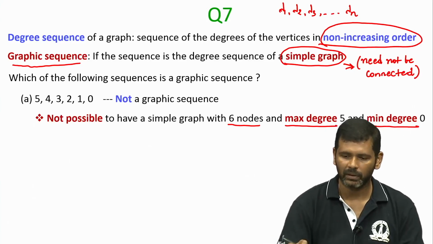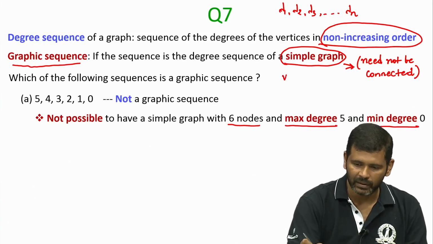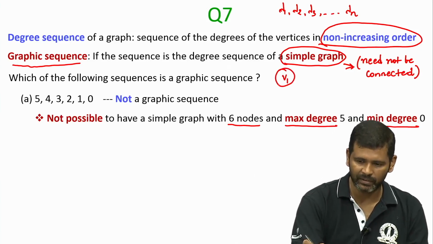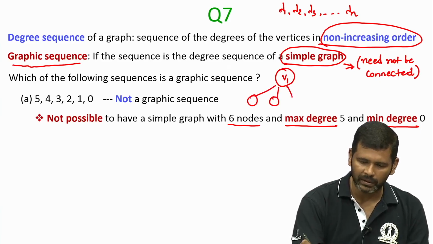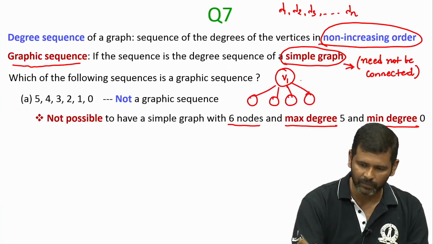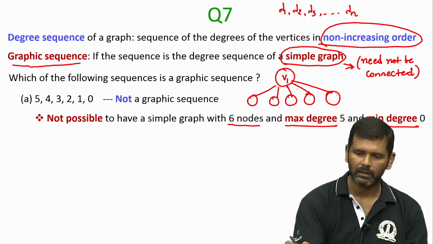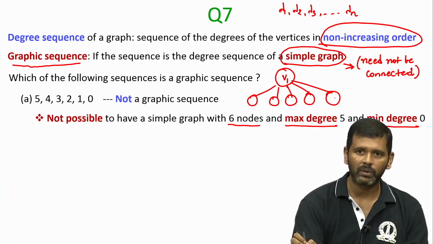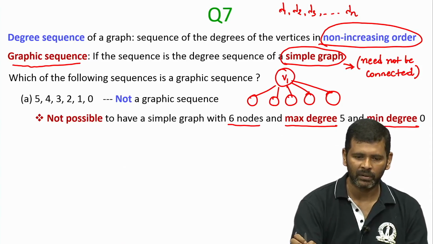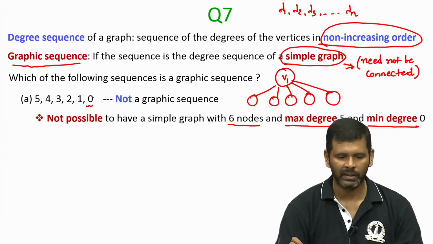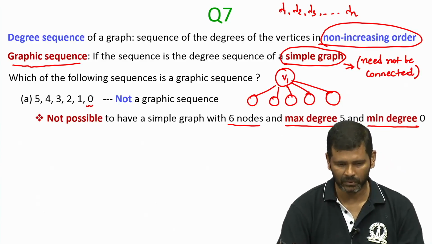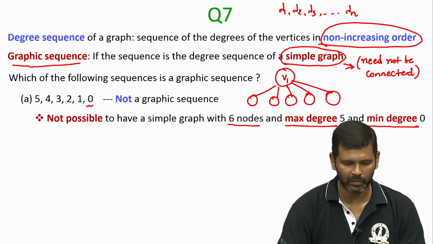If V1 is the vertex with the maximum degree 5, then it should be a neighbor of each of the remaining 5 nodes. That means each of the remaining 5 nodes will have a non-zero degree, but you also need a vertex with degree 0 among those 6 nodes, which is not simultaneously possible.